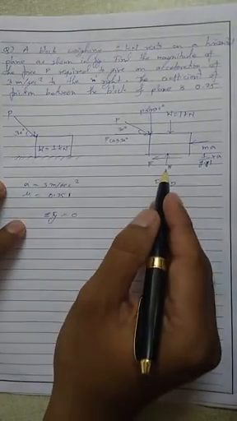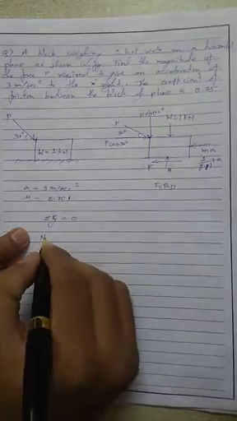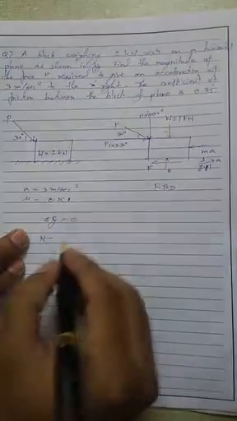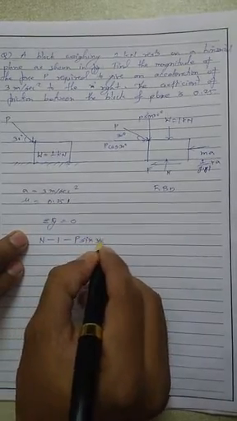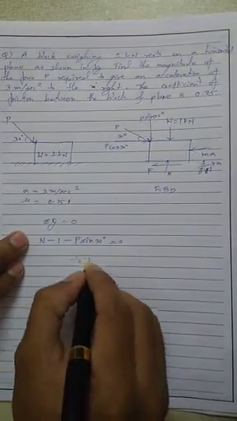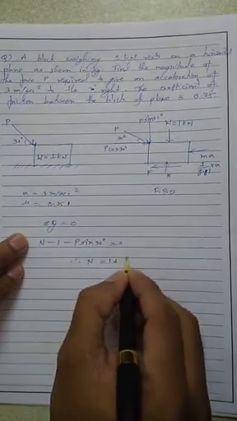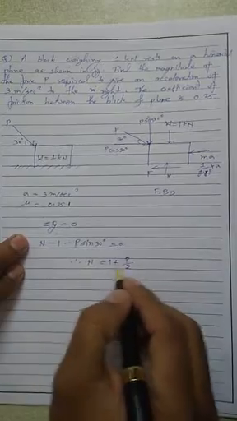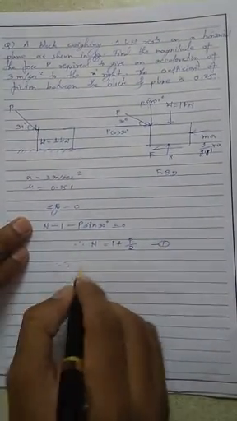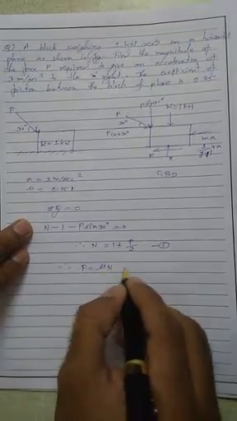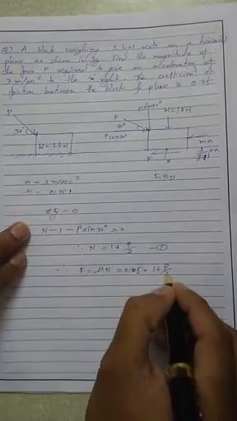Upward direction N, minus the weight W downward, minus P sin 30 is equal to 0. From this we get N equal to 1 plus P upon 2, since sin 30 is half. Put this as equation number 1. Then, as we know, F is equal to mu into N, which is 0.25 into (1 plus P upon 2).